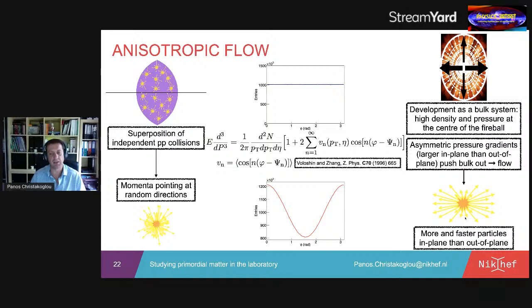That would be reflected in an azimuthal particle distribution that will not be flat any more, but will have this cosine modulation, which we can measure, fit, and describe with a Fourier series, the coefficients of which are what we call the flow harmonics, with V2, elliptic flow, being the dominant one, which reflects the highly anisotropic initial state with which we start a heavy ion collision.